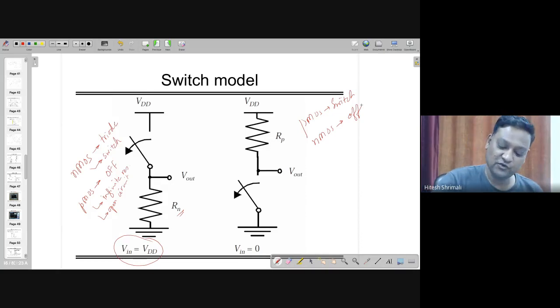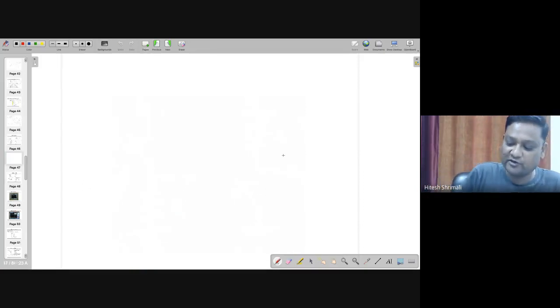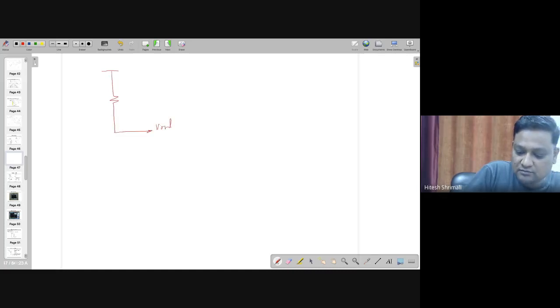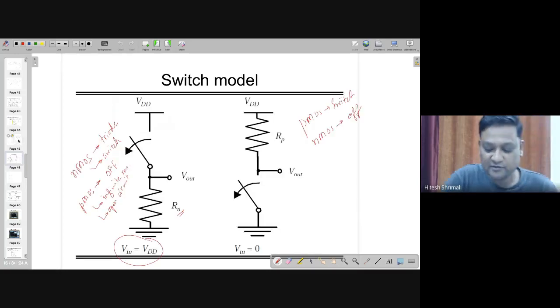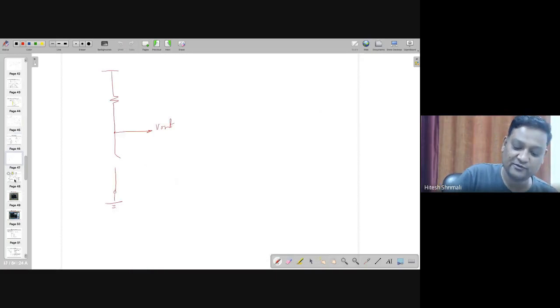Let's assume that we are only talking about the first one where Vin equals 0, right? Moreover, just assume that wherever we are taking the output, it will have some load. The load will be capacitive.